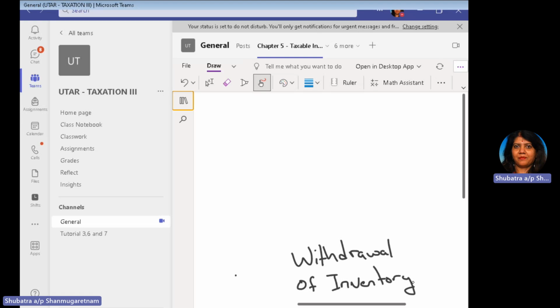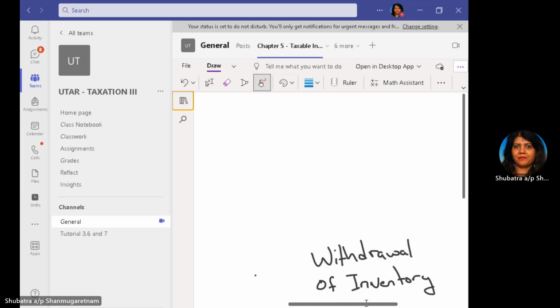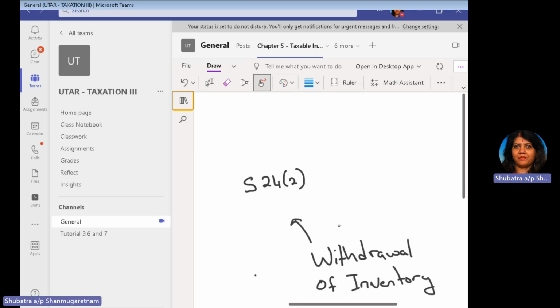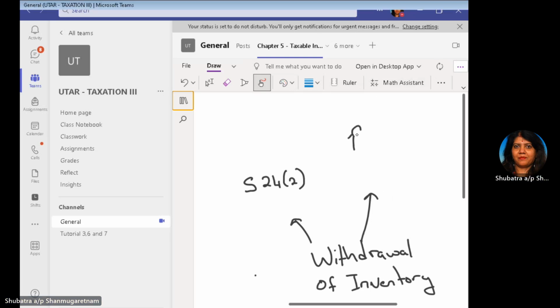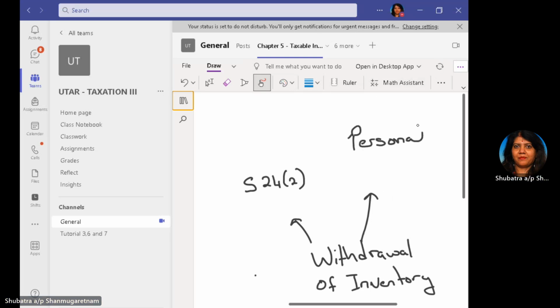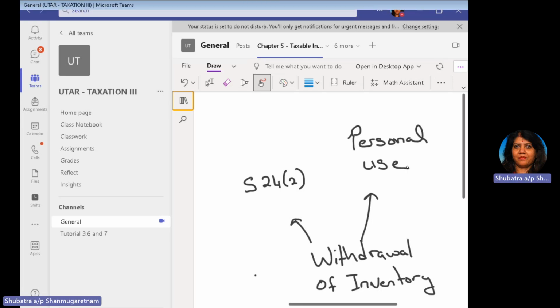Withdrawal of inventory falls under section 24, subsection 2. Usually this withdrawal is for personal use. All right?